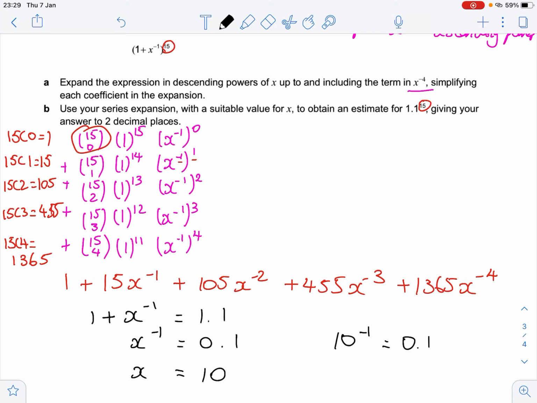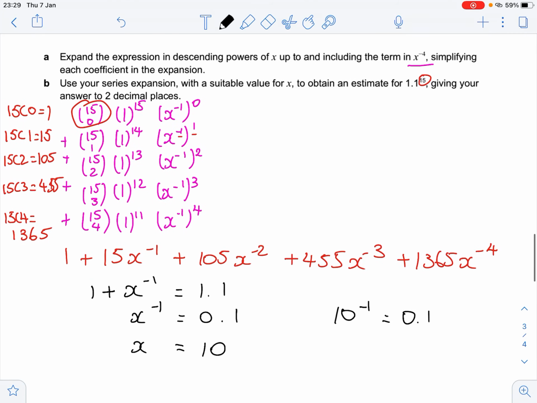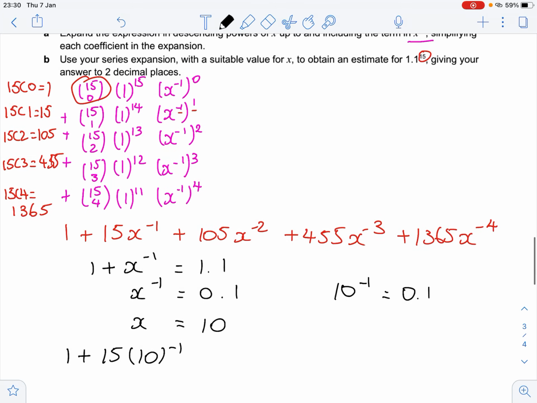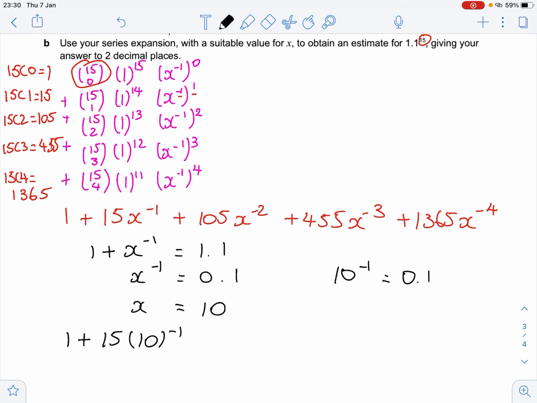So it's exactly the same as before, so we can substitute the values. So substituting x into the equation, we have 1 plus 15 times 10 to the power of minus 1.